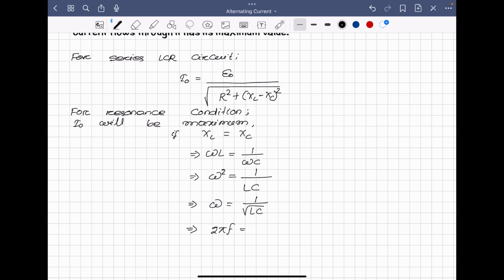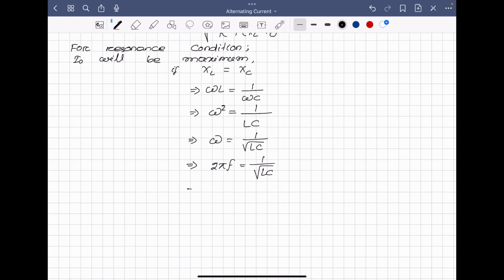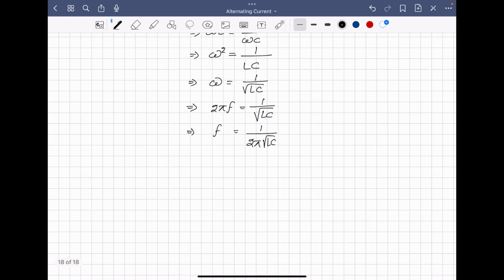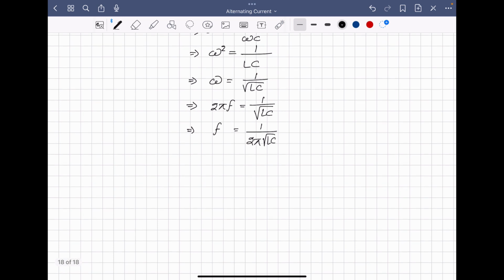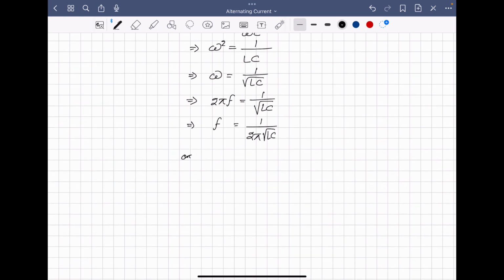This is our resonant frequency f, which is equal to 1 by 2 pi under root LC. For resonant frequency, we can write f as fr also, okay? Or we can also write fr equals 1 by 2 pi under root LC. This is our required resonance frequency formula.